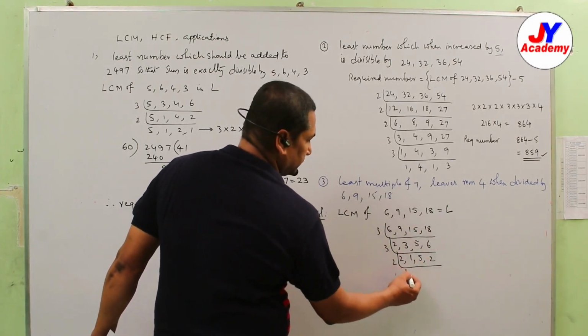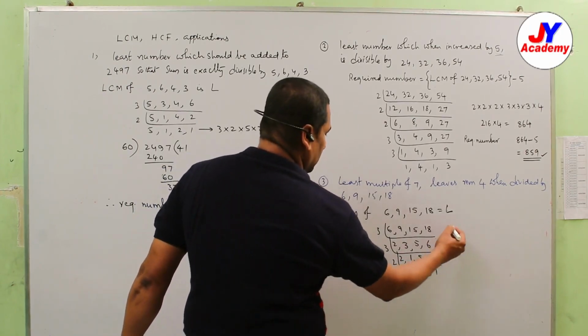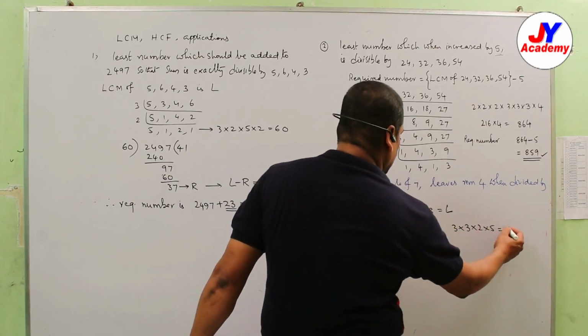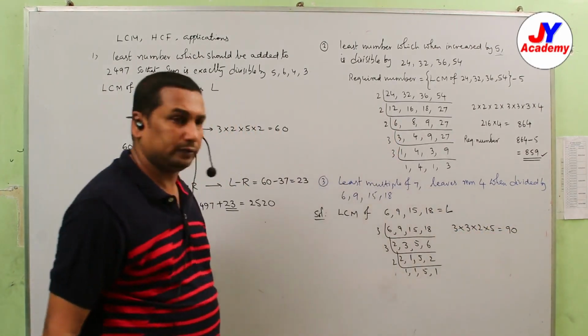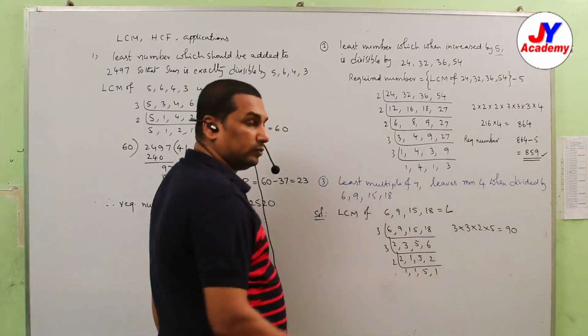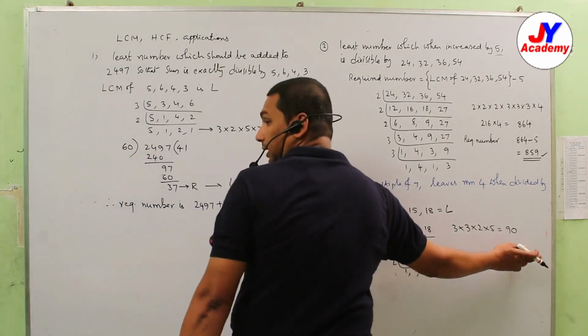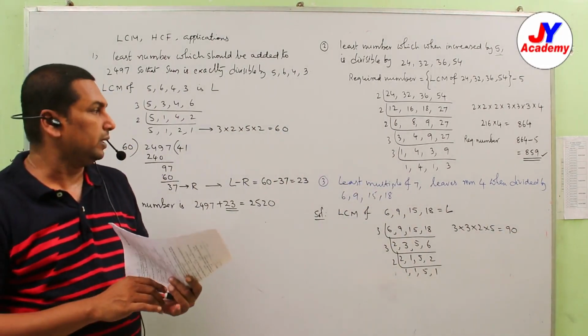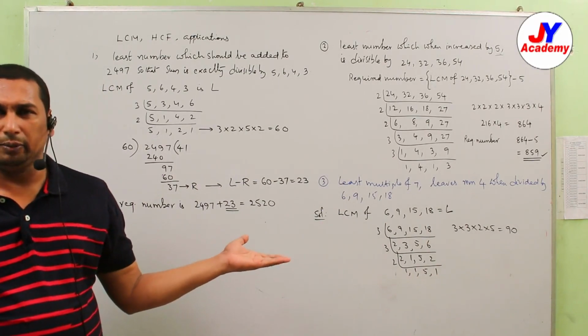Here 2. Now what is the LCM? 3 times 3 times 2 times 5, that is 90. Leaves remainder 4 means 90 plus 4.